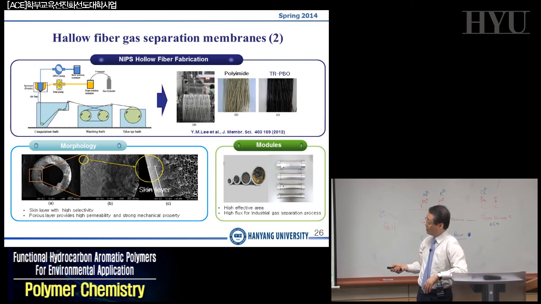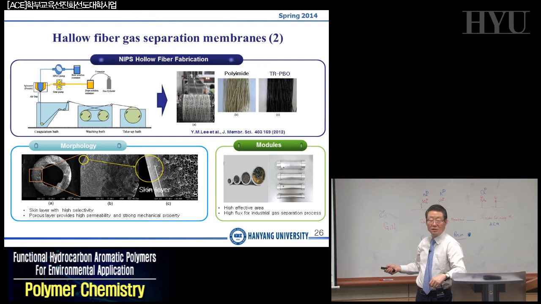And of course, you can make a hole inside of those fibers by pushing the water. There are 2 nozzles, and the water is injected as well as the polymer solution. And therefore, you make a hollow fiber. You make a small hole inside, but the outside of the fiber is a very thin skin.